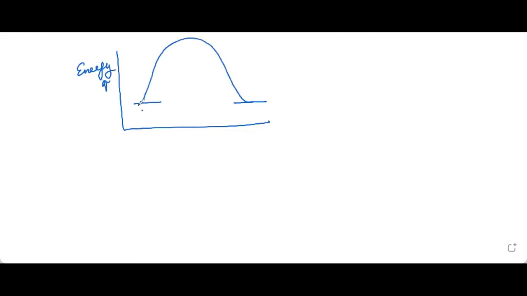So here you can draw the staggered conformation. Now at the highest level, there will be eclipsed conformation. So you can draw here the eclipsed conformation. Again, here will be the staggered conformation.